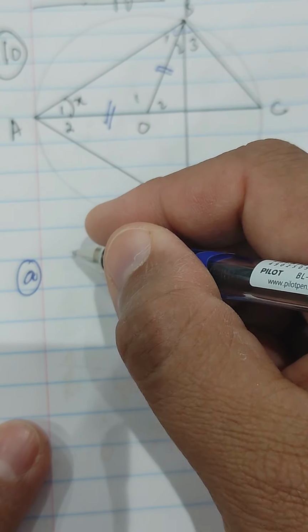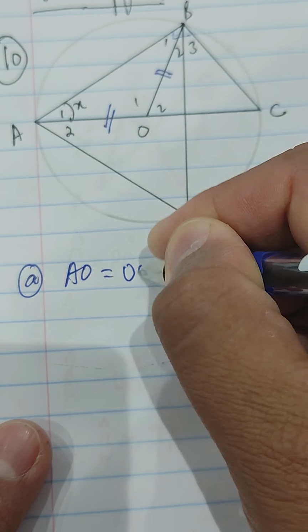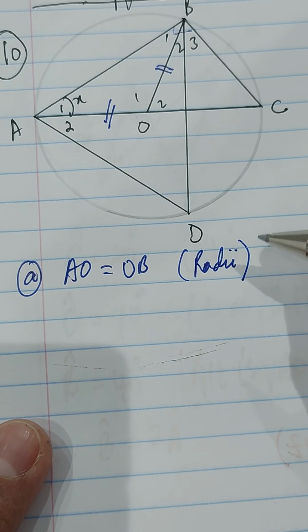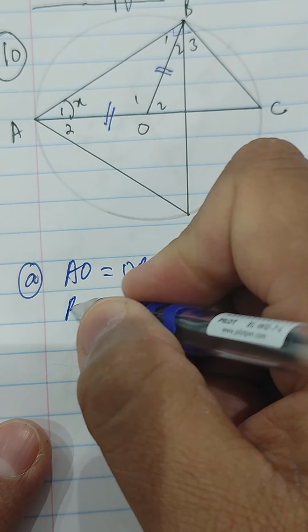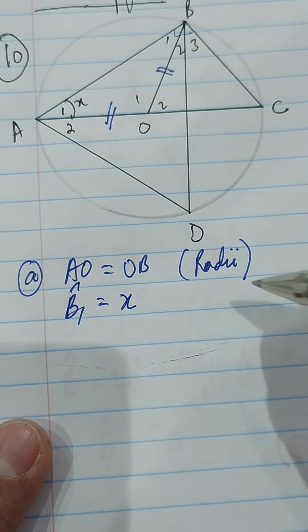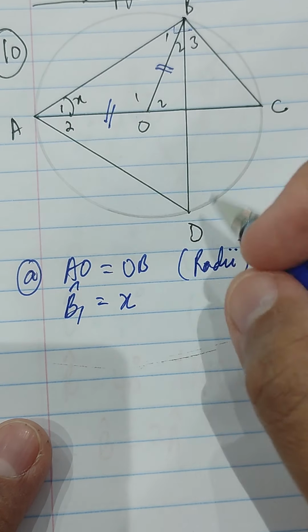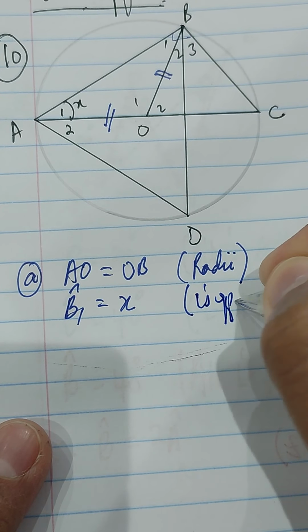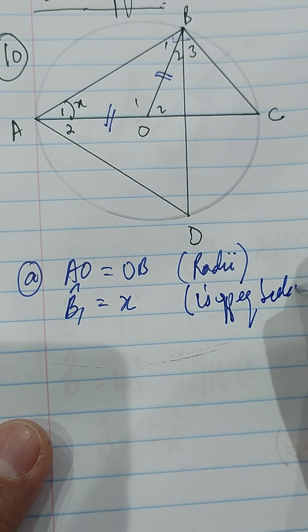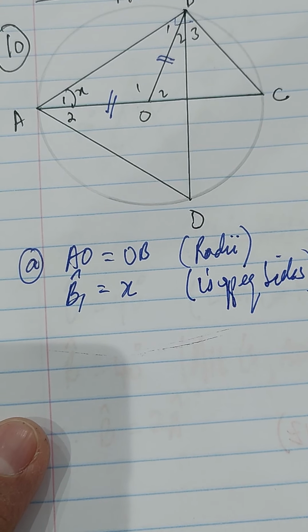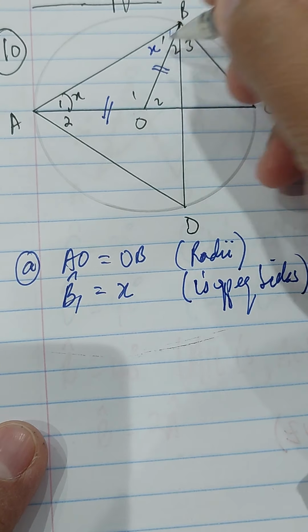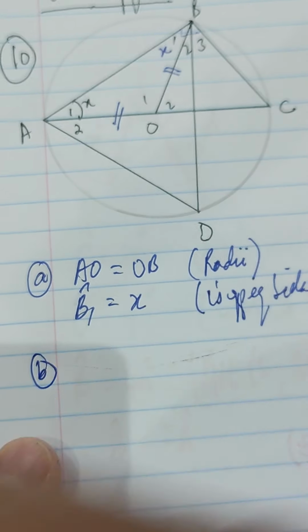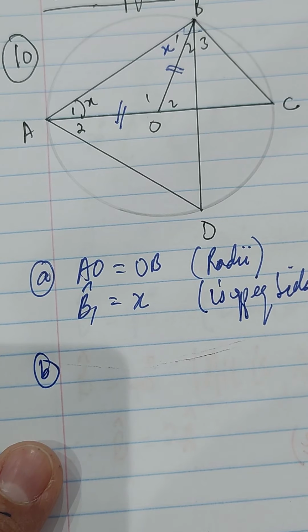So firstly we're going to say that AO is equal to OB. Why? It's your radii. Which means that angle B1 is equal to X. Why is B1 equal to X? Because angles opposite equal sides. So there's B1 in terms of X. Alright, let's look at B, angle O1.